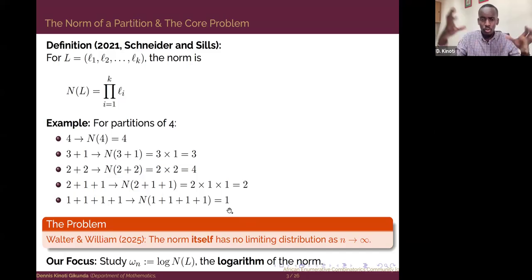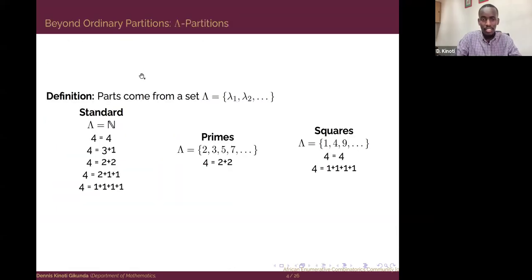So to bring that data closer, you introduce the log. The second reason is that the norm in itself is a multiplicative parameter, while with integer partitions we use additive parameters. So it makes more sense to consider an additive parameter, and introducing the log to this particular product, it becomes the sum of the logarithms of these particular parts.